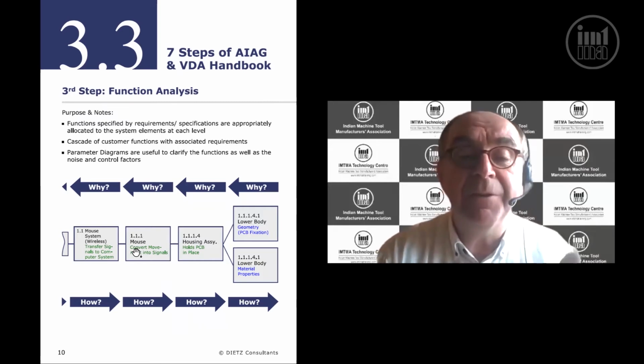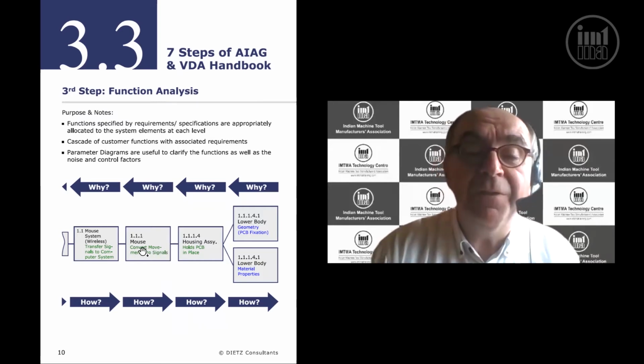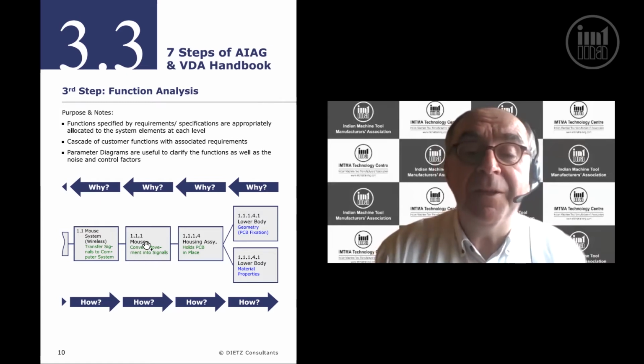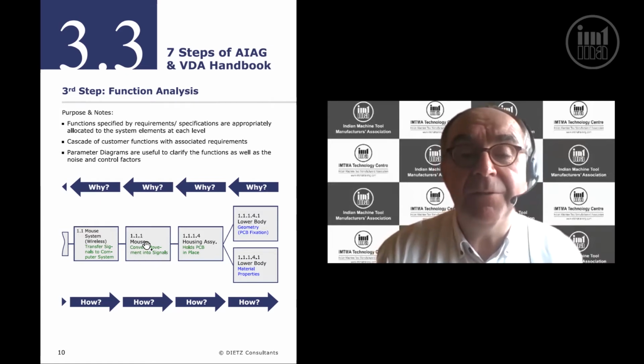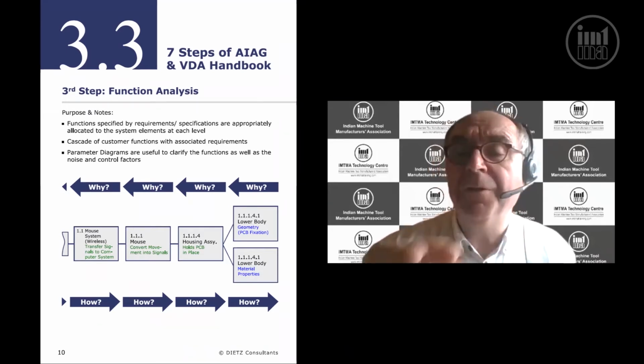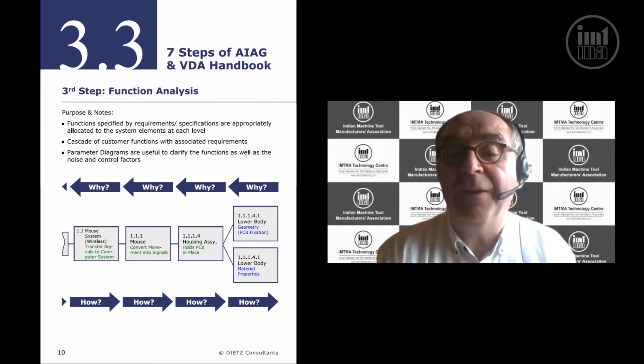So for example, this pretty nice example of a wireless mouse. What is the function of a wireless mouse? Convert movement into signals. That's also very tricky, because most people will say, okay, the function is to move the cursor, etc. This is wrong, or this is a function on the wrong level.